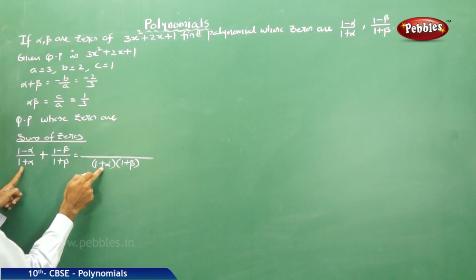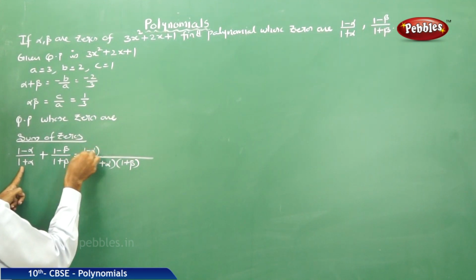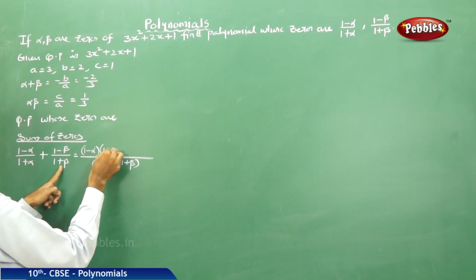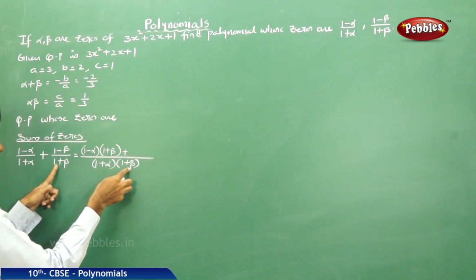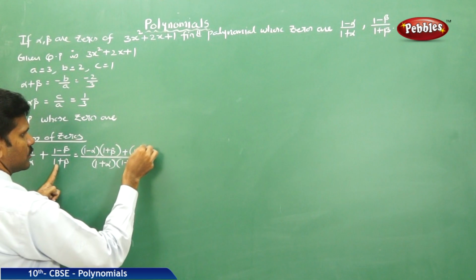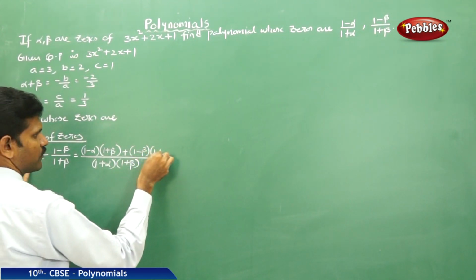The 1 plus alpha gets cancelled: 1 minus alpha into 1 plus beta, plus the 1 plus beta gets cancelled. Now write the remaining: 1 minus beta into 1 plus alpha.